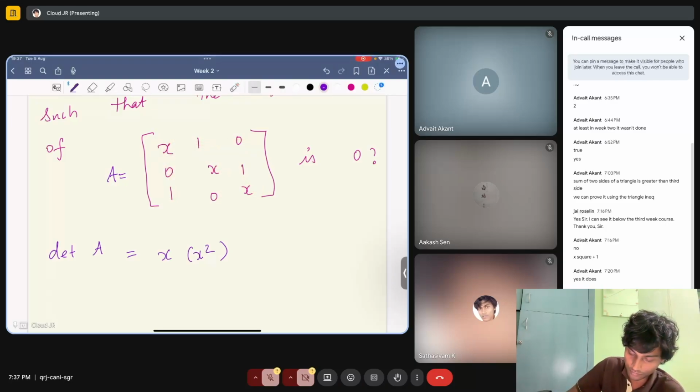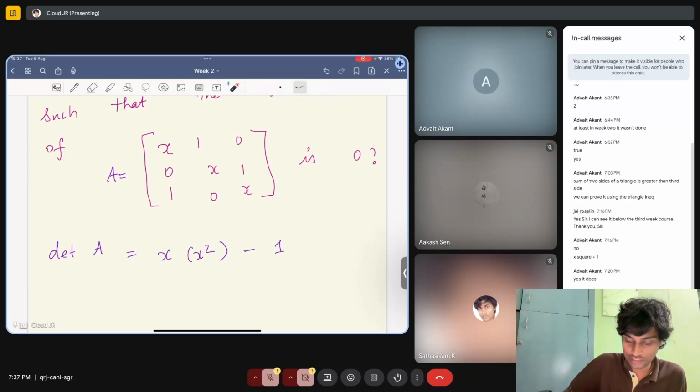Plus 1. I'm expanding along the first row. So for 1, I delete this, and this will be 0, and this will be minus 1. So we get some polynomial here.